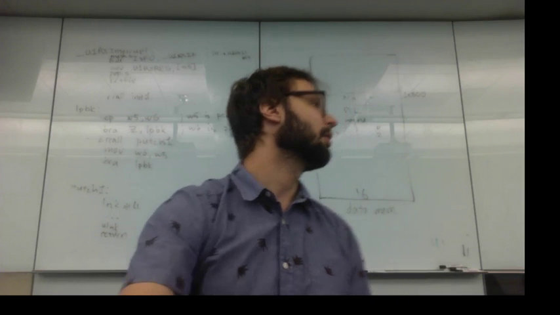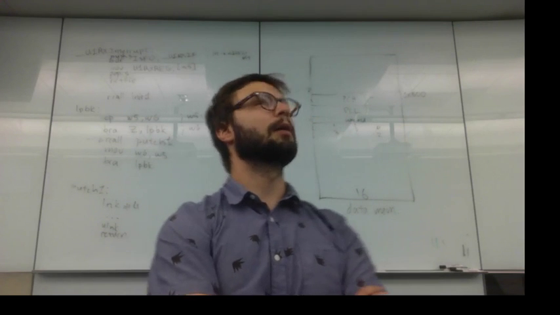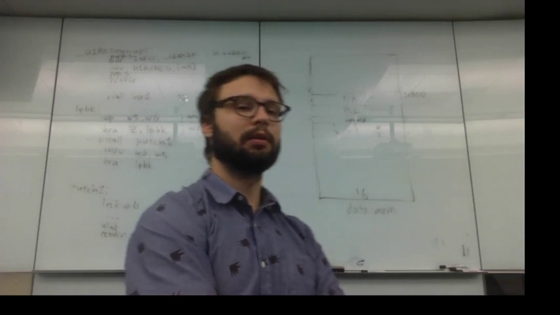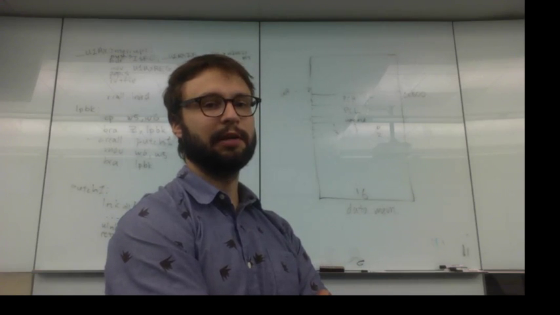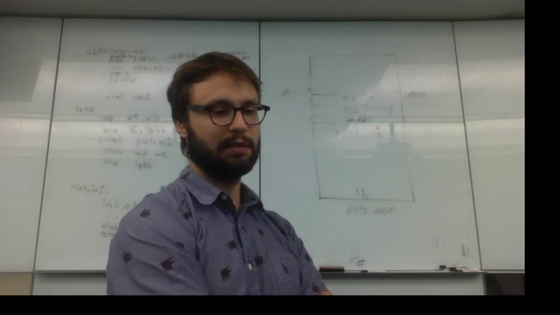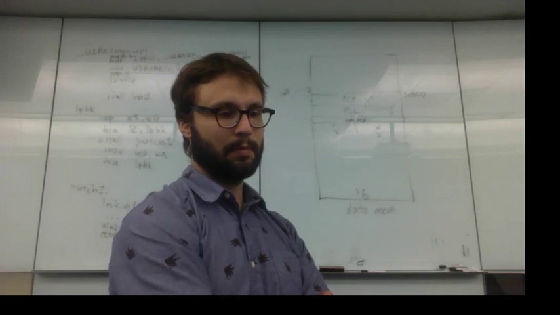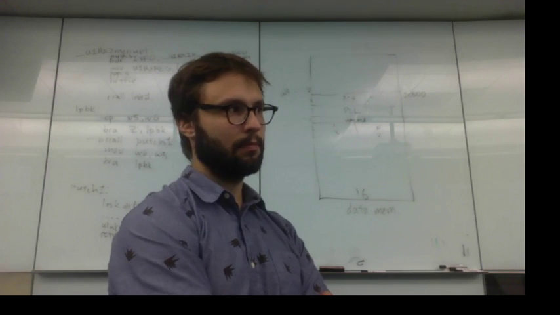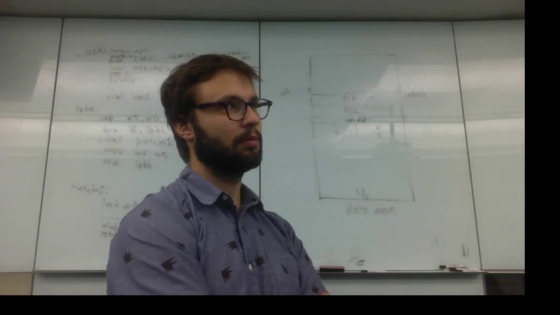If it were BRGH equal 1, how is that changing the formula? We're using the formula for calculating what goes into U1BRG. You divide by 4 instead of dividing by 16. Like 16 times the baud rate?